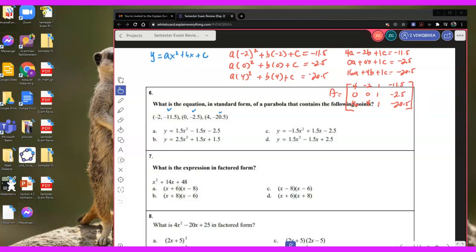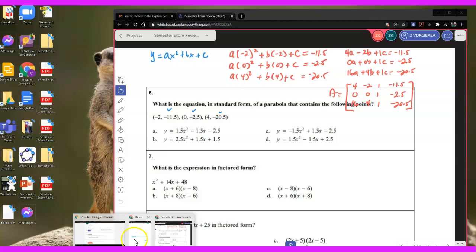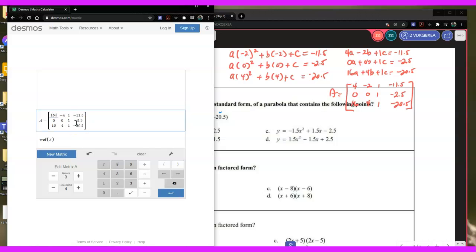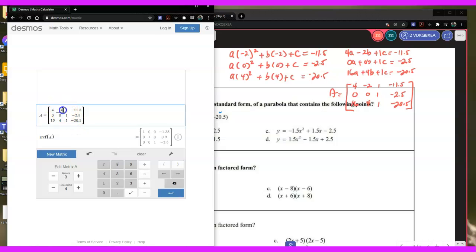So we're going to use our matrix calculator. And I already have it here. So this will be 4. This will be negative 2. And there is our equation.